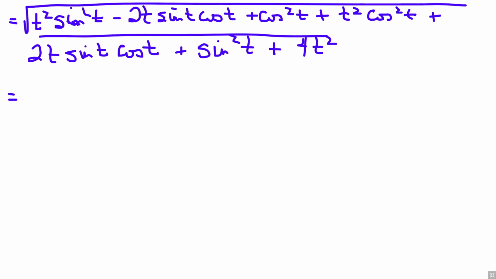Now, what's going to happen is that some things are going to cancel and some things are going to be able to be combined. I'm looking at this, I'll be able to cancel the negative 2t sine t cosine t with the positive 2t sine t cosine t. So that term is gone, which is good. Then next, I've got the t squared sine squared t and t squared cosine squared t. Well, that's just going to give me what?